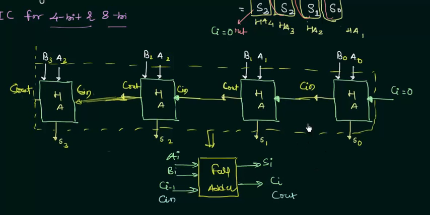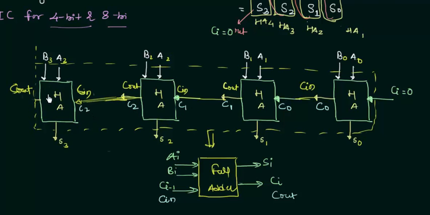Let's see why. In the first half adder, A0 and B0 are the LSBs which we are going to add, and S0 is the sum. The carry output is C0, and this C0 acts as the carry input for the second half adder. Similarly, this is C1 and this is C2.